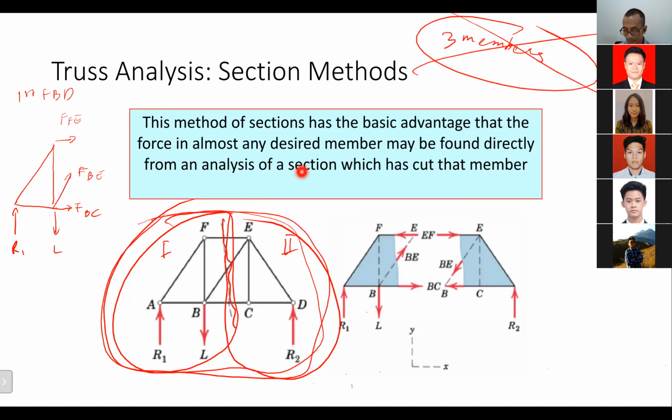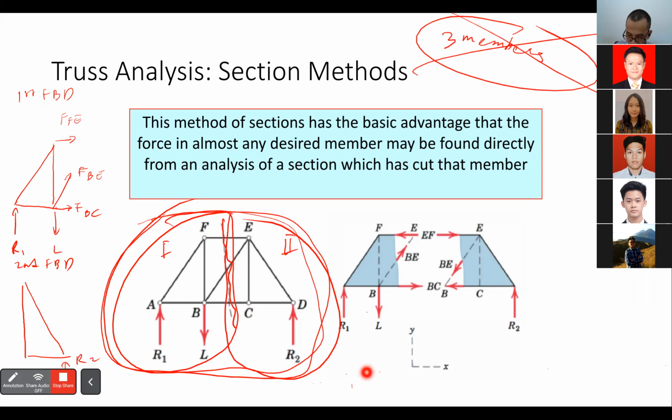From the right cut, I can draw the second free-body diagram. It will be like this. R2. Then what else is there?